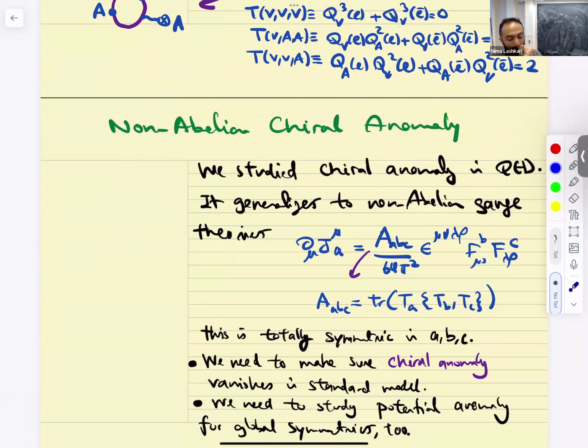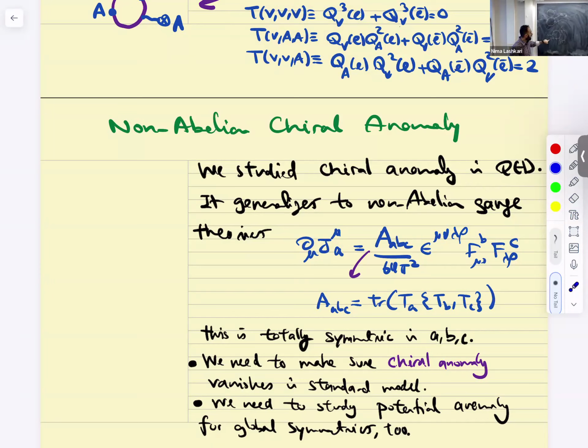Good. This is the general form to remember. Every time, look at this. We're doing the calculation using the triangle diagram, right? Every interaction will have an insertion of one of these guys.